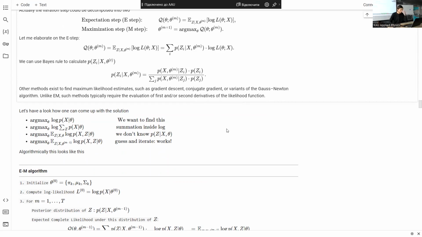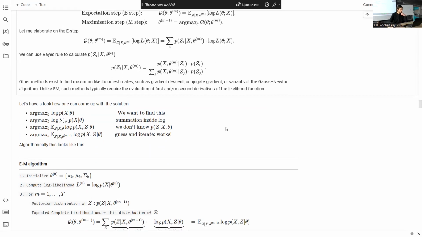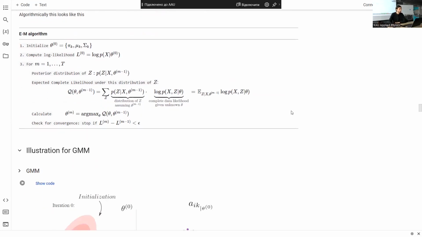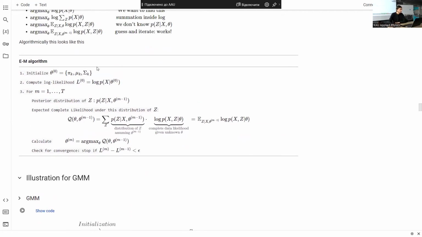I know that looks a bit complicated, but that's okay. In some sense, it's absolutely analogous to what we did previously, just a different point of view.